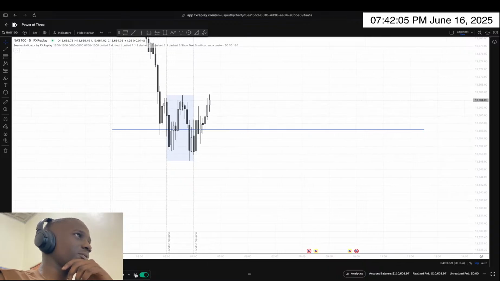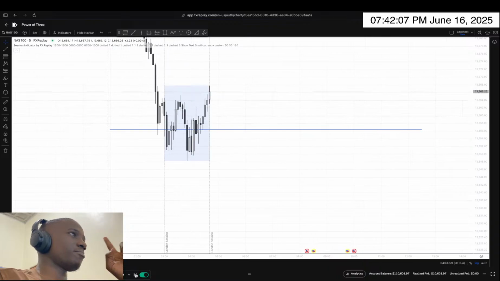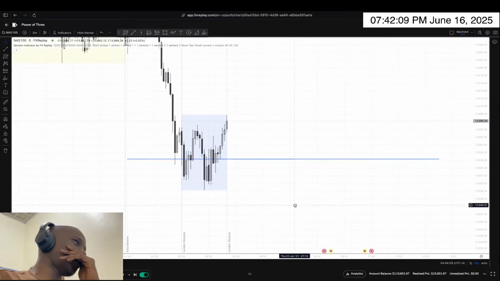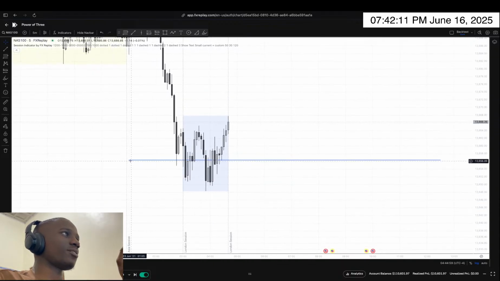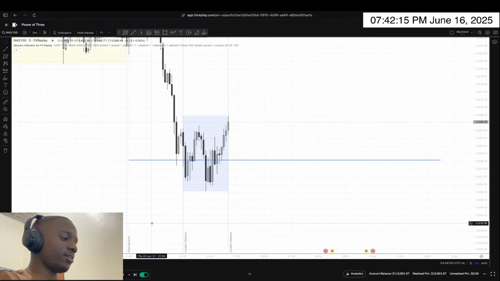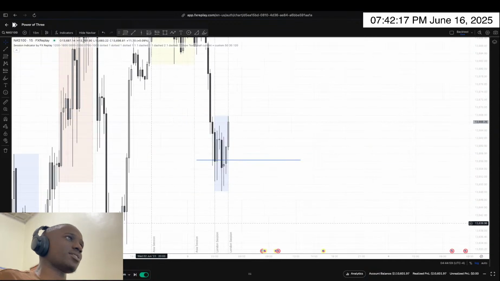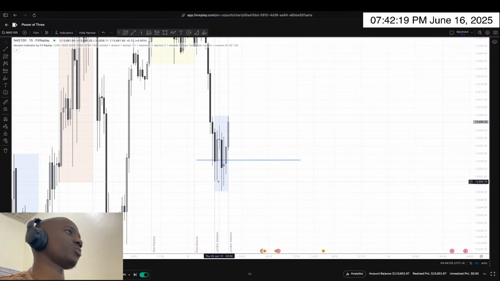But we don't. And one thing I want us to mark here is as we reach the discount, you can see how the market starts to behave. And when I go to the 15-minute, you can see something like a sweep here. So let's see how this candle closes.